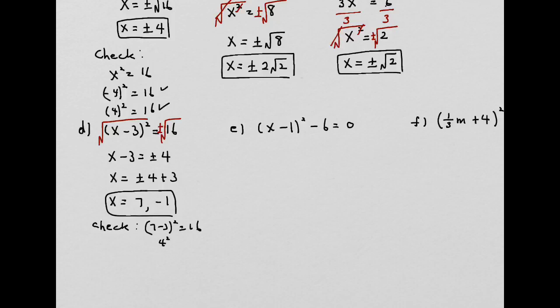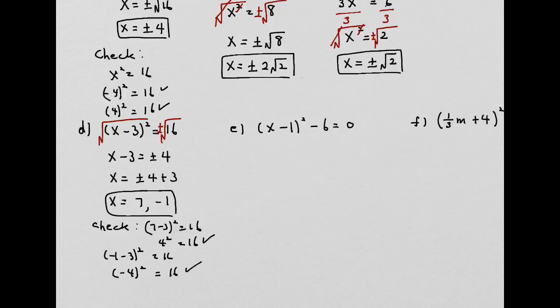So that's 4 squared, and we know that equals 16. What about if it's negative 1? You get negative 1 minus 3 squared should be 16. That's negative 4 squared, which is 16. So both solutions checked out.